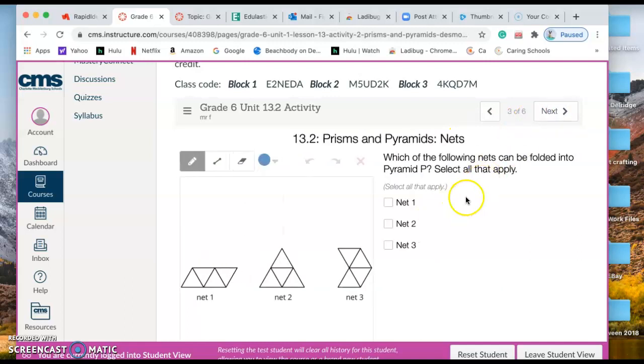Okay? Prisms and pyramids, nets. Here's a new term. Well, we talked about this a little bit when we were doing the surface area of rectangular prisms, but a net is a 2-dimensional figure, 2D meaning flat, version of a 3D object. So it says, which of the following nets can be folded into pyramid P?